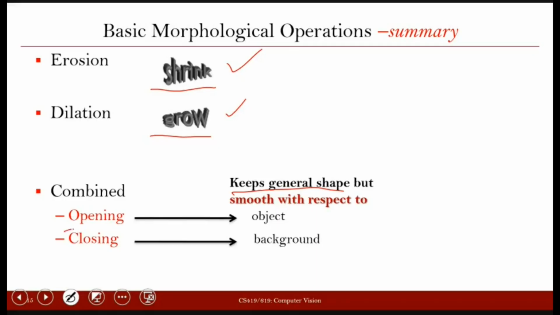When you are performing the opening, this keeps the general shape of the object, but it does a smoothing with respect to the objects. Similarly, when we are performing the closing, this again keeps the general shape of the foreground objects present in the image, but it performs a smoothing with respect to the background.